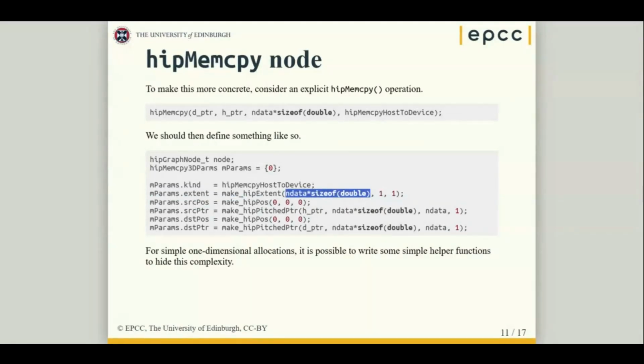But because this is 1D, I'm only using the X axis. The Y and Z are 1, 1. The offset, because I will not have any offset, will be 0, 0, 0 for both source and destination.